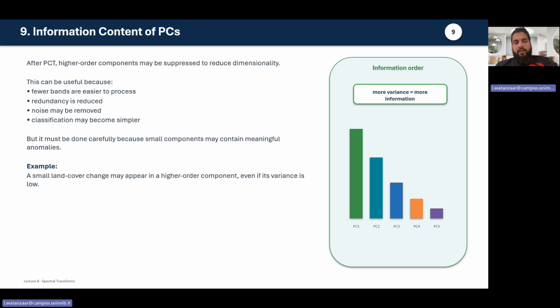But it must be done carefully because small components may contain meaningful anomalies. This is a really important aspect to point out here.